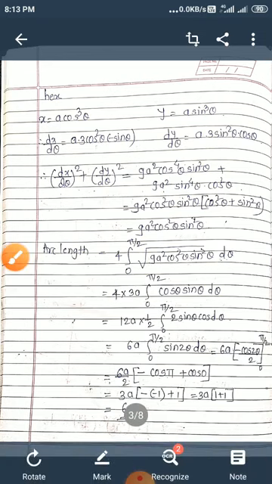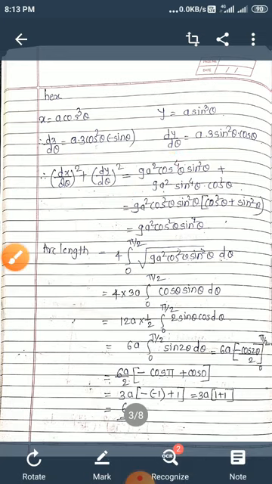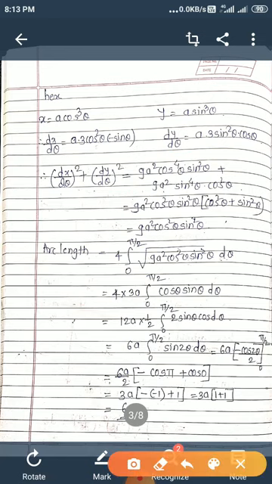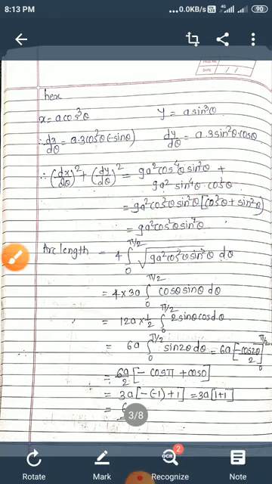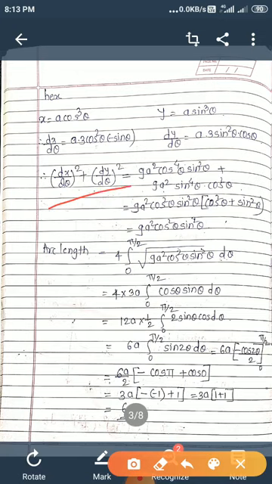Taking squares and adding, we get this. Now the common term is 9a squared cos squared theta sin squared theta; in the bracket we get cos squared theta plus sin squared theta, which is 1. So we get 9a squared cos squared theta sin squared theta.